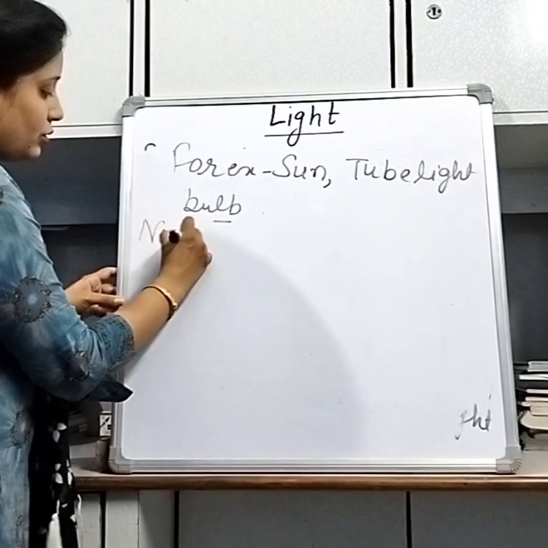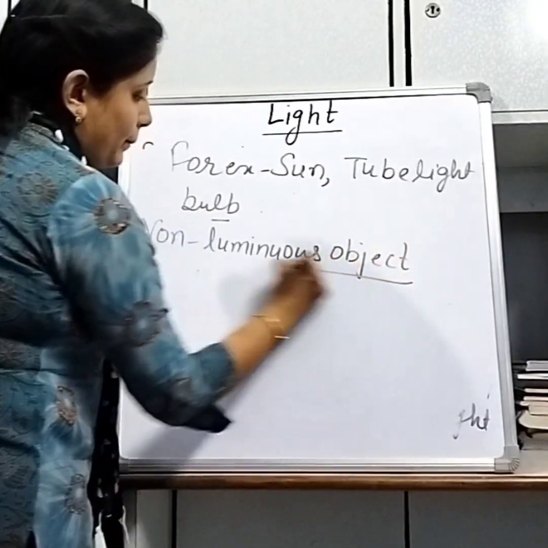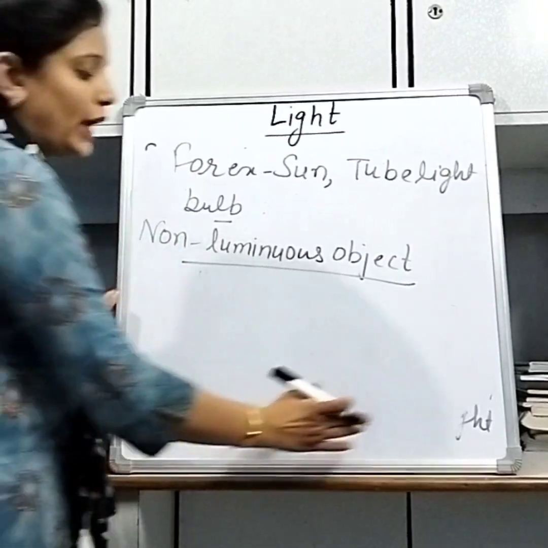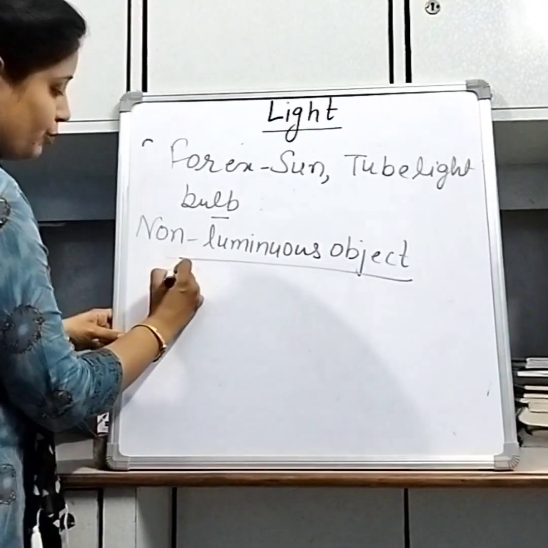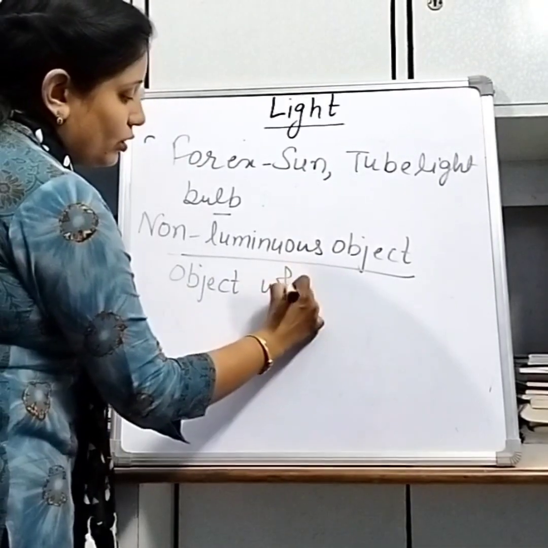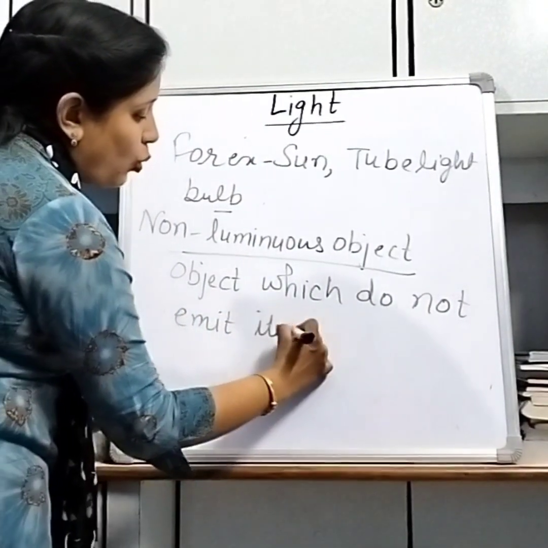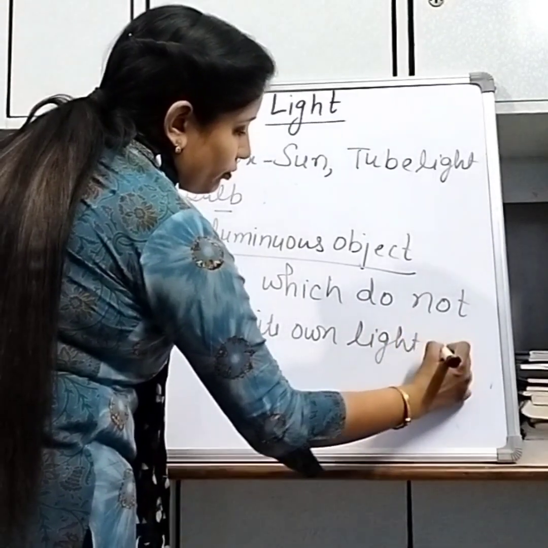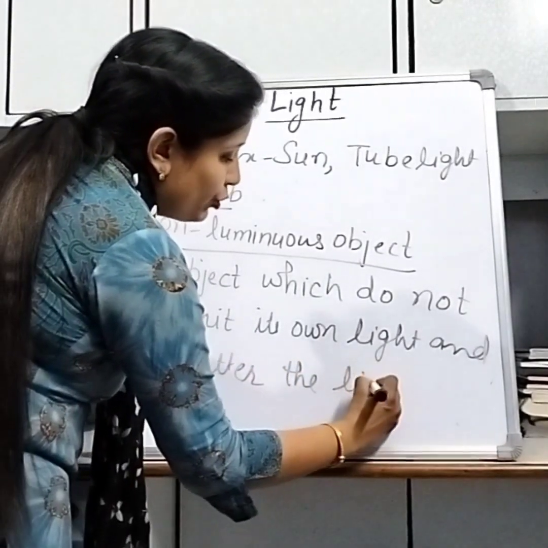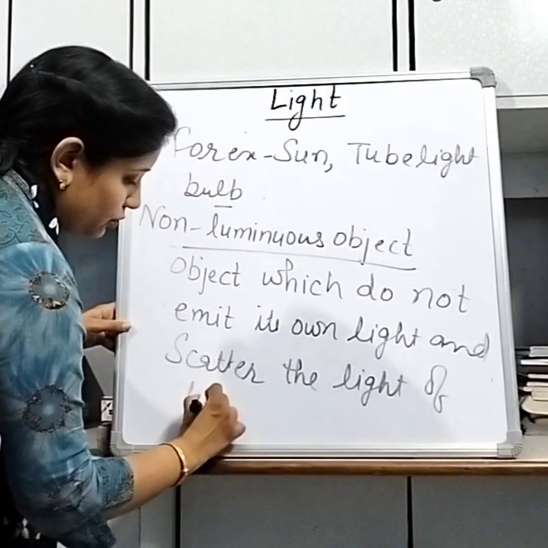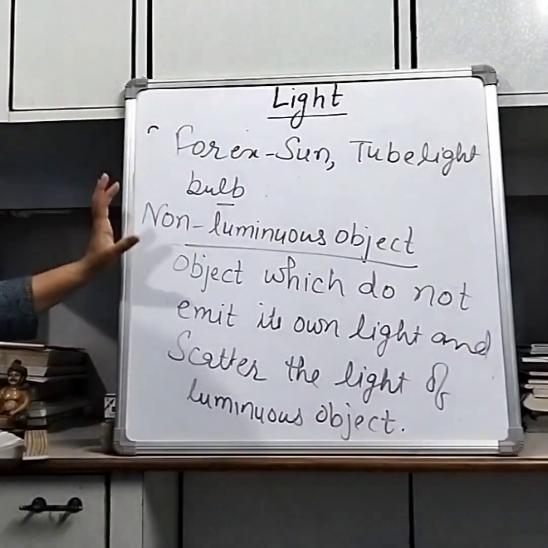Second is non-luminous object. The objects which do not emit their own light, they scatter or reflect the light of the luminous object, are known as the non-luminous objects.